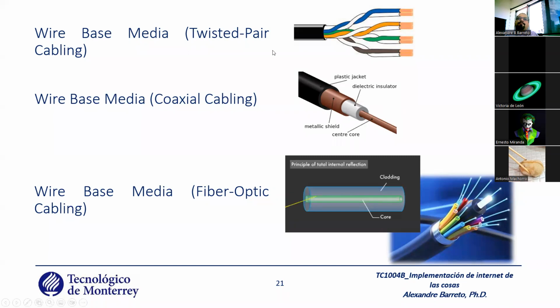It is very protected against interference. You have a very thin insulator, but it doesn't transmit a lot of information, for example, around 10 megabits per second.